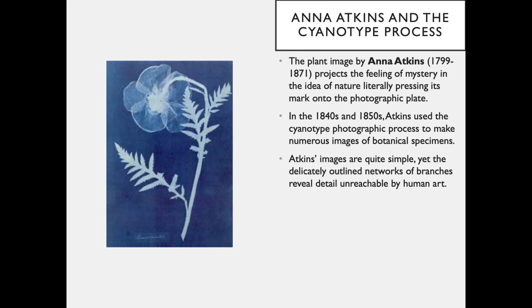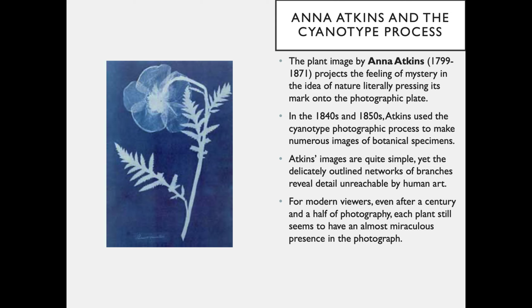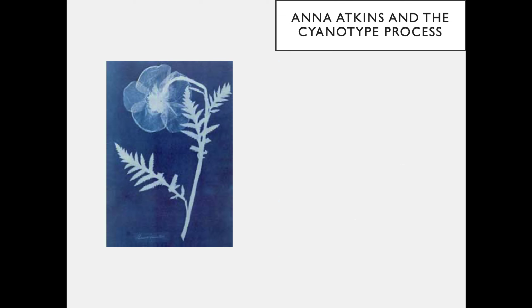Atkins' images are quite simple, yet the delicately outlined network of branches reveal detail unreachable by human art. For modern viewers, even after a century and a half of photography, each plant still seems to have an almost miraculous presence in the photograph. It is somehow made visible, as Daguerre said, quote, by nature herself.